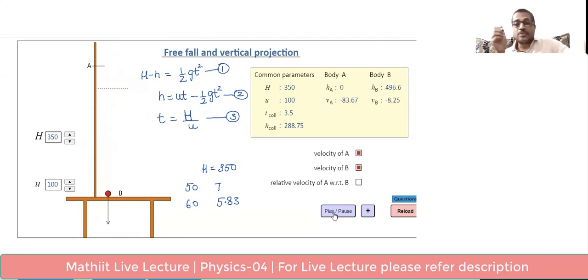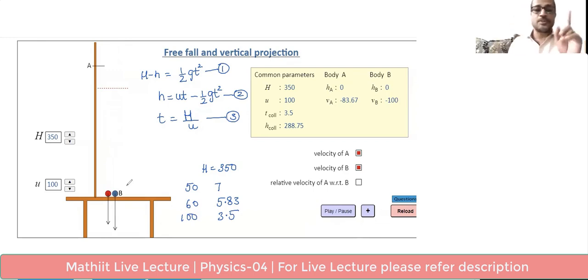But look at the time, 3.5 seconds. So when you fire it at 100 meters per second, it is going to cross here at 3.5 seconds. Now it is taking its own speed time to come. So this proves that as the initial velocity of projection is increased, the time within which the collision takes place obviously decreases.